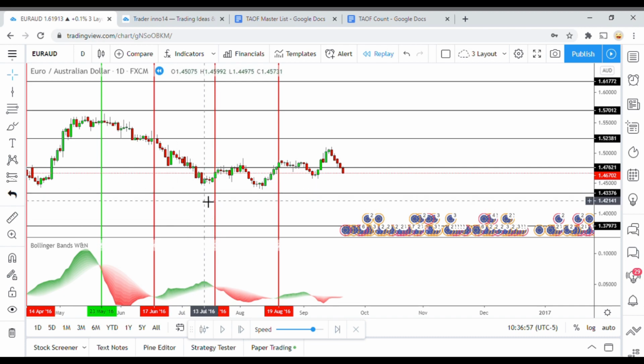If you didn't want to follow the normal stop and take profit, you could have set your stop down here below this line right here, which would have been an area that, again, it had come down and bounced off of multiple times. Set it 30, 40 pips below that area. Give yourself some breathing room. Let it play out. But nonetheless, either way, we would have gotten a decent little trade out of it.